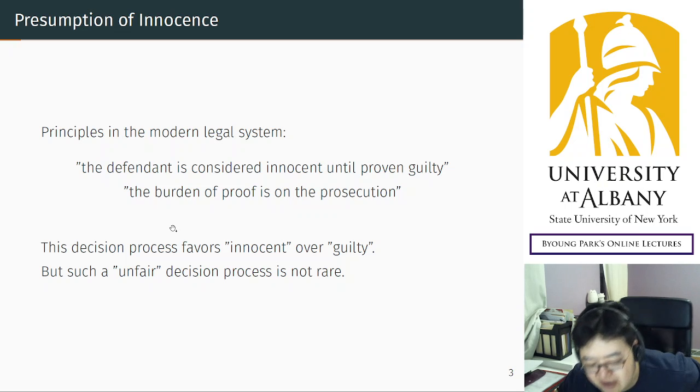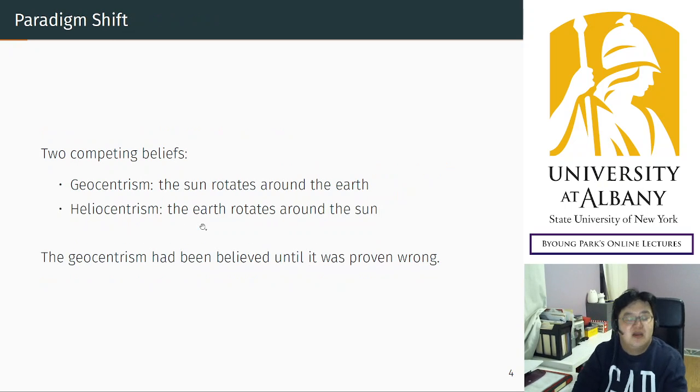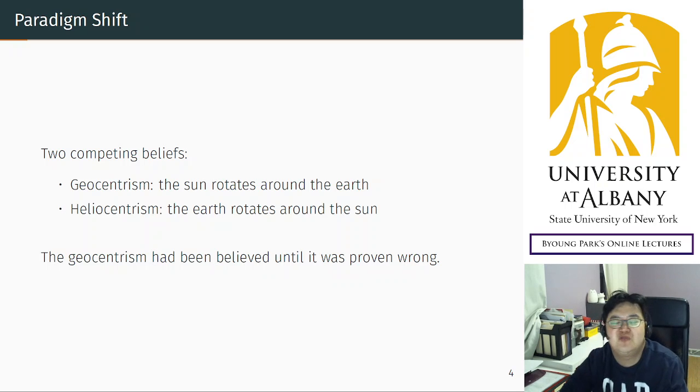This kind of decision making is similar to a paradigm shift. You may have heard about paradigm shift by Thomas Kuhn, in the philosophy of science.